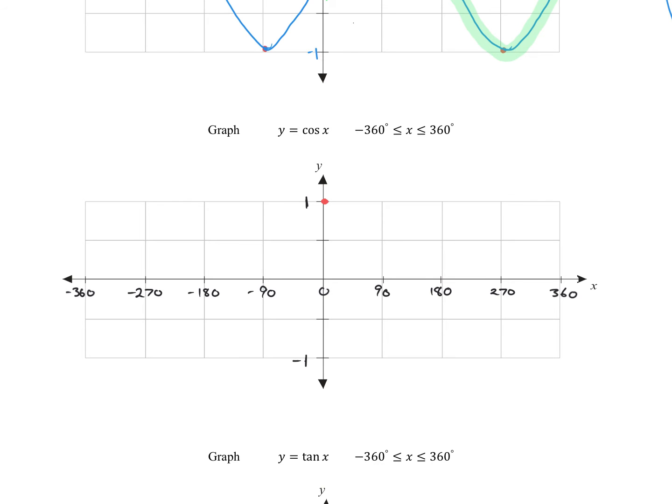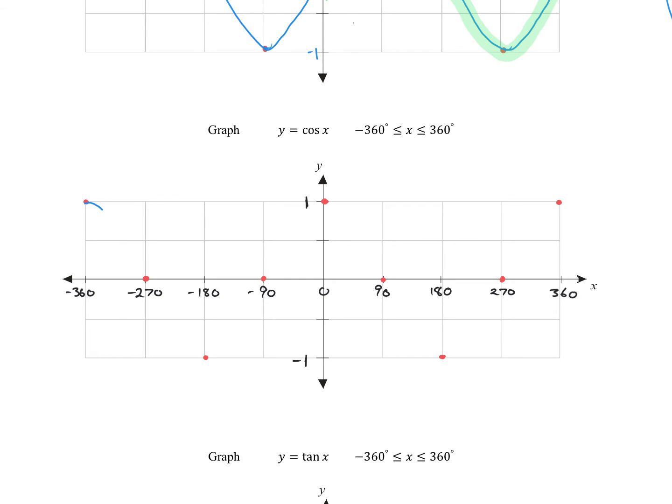So then if we put in cos 90, we get 0. Cos 180, we get negative 1. Cos 270, we get 0. All right, so cos negative 90 is 0, cos negative 180 is negative 1, cos negative 270 is 0, and cos negative 360 is 1.